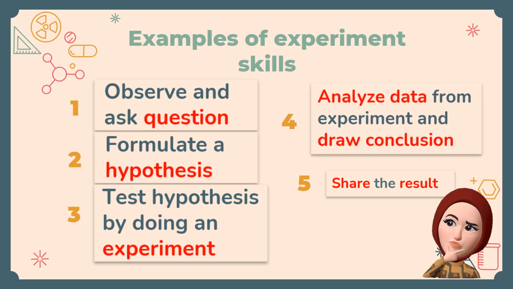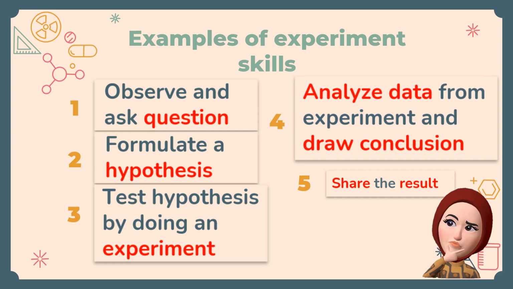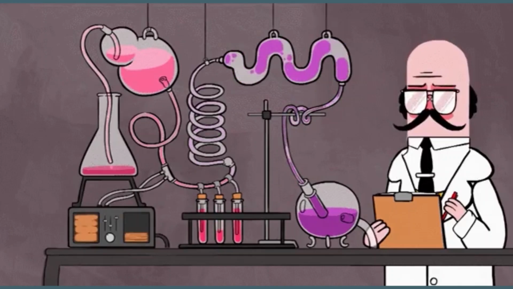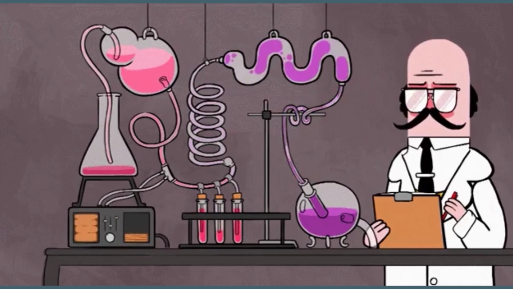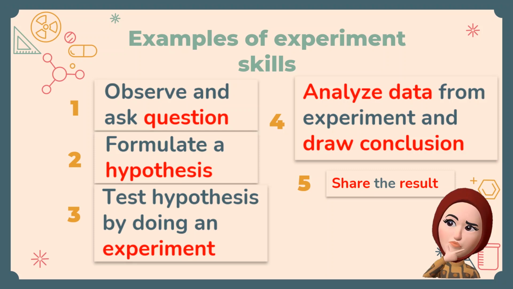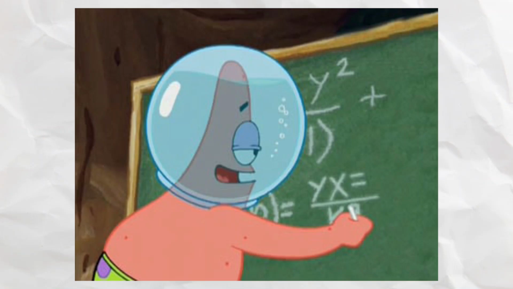Fourth is analyze data from experiment and draw a conclusion. Let's assume that you design a very careful experiment that controls as many variables as possible. Now, you can analyze the data to see whether your hypothesis is correct or incorrect.